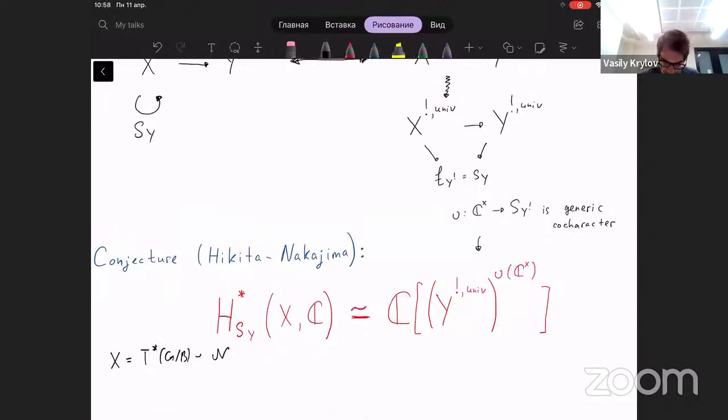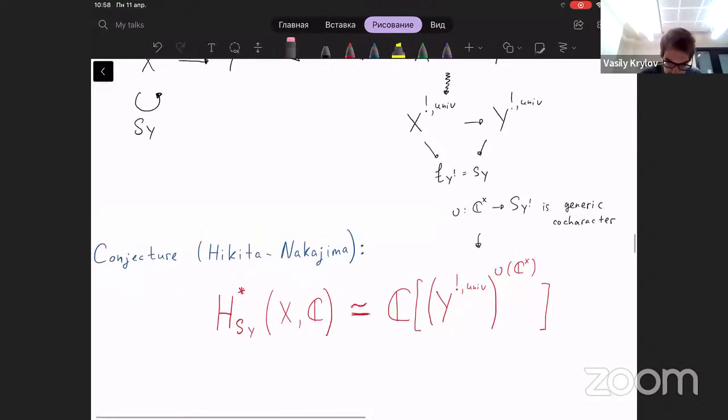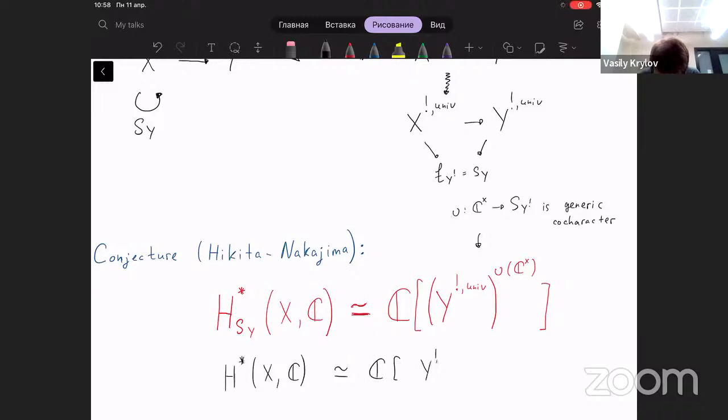To be more careful, why am I calling this conjecture Hikita-Nakajima? Because Hikita's original conjecture was a non-deformed version of this one. Hikita's original conjecture was that just the cohomology algebra of X is isomorphic to the schematic fixed points of Y shriek.